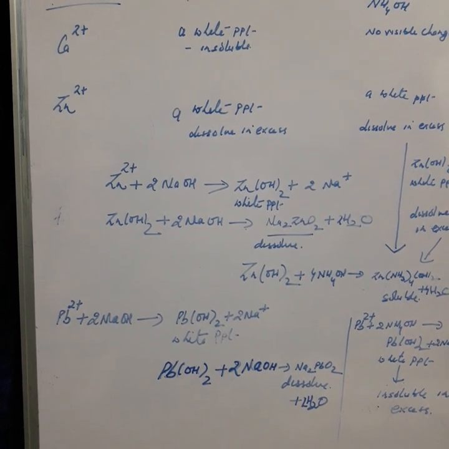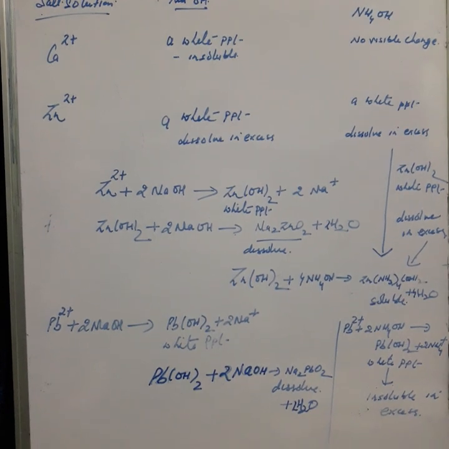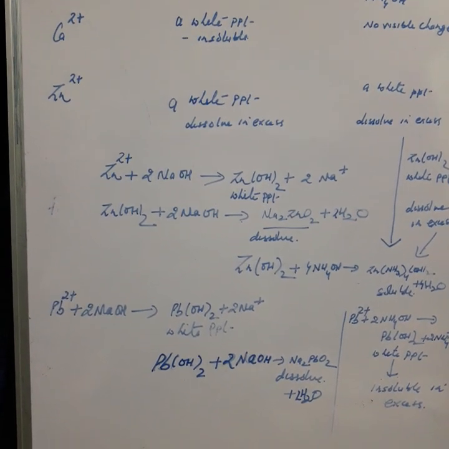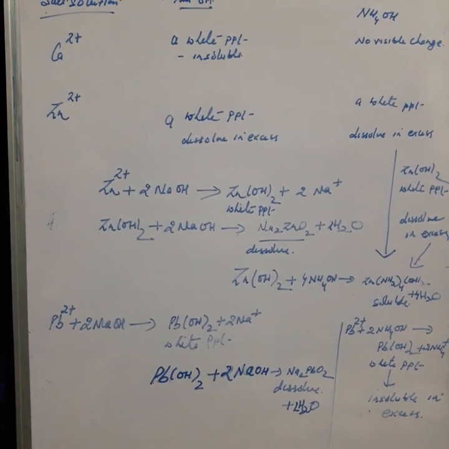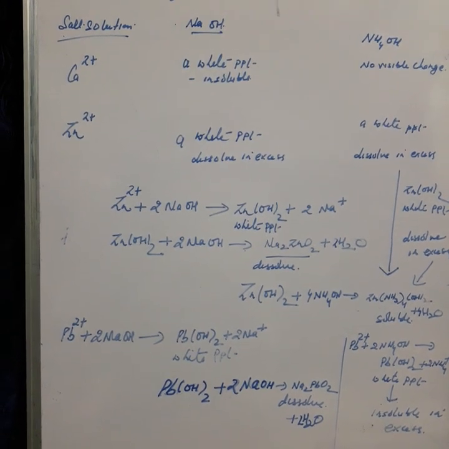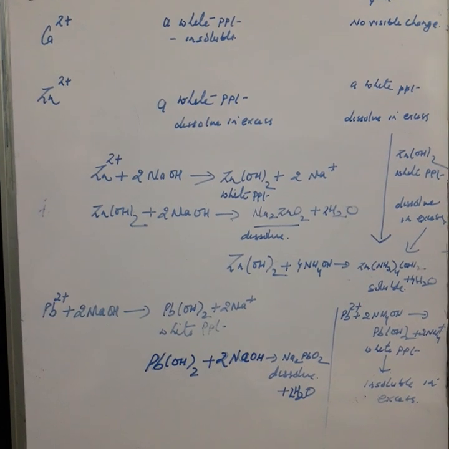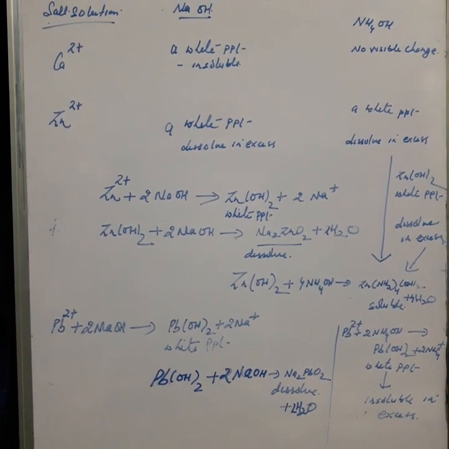Zinc hydroxide formed in a small amount of NaOH will dissolve in excess to form sodium zincate. Why? Zinc is amphoteric in nature. Hence, it will dissolve in excess sodium hydroxide to give sodium zincate. So what is the color of the precipitate? White precipitate, which dissolves in excess.